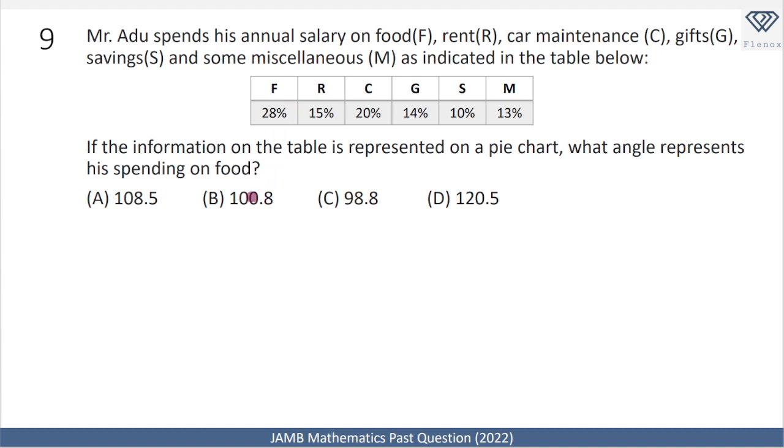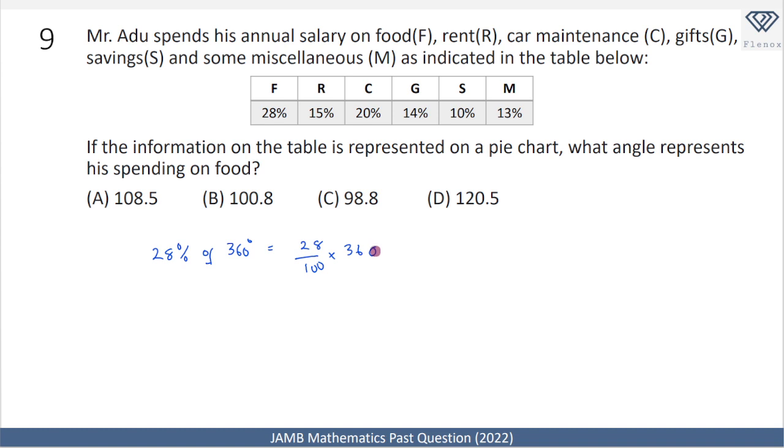But the question is asking how we convert this 28% to an angle on a pie chart. For a pie chart we have a circle, and the total number of degrees in a circle is what? It is 360 degrees. So this is just as simple as saying 28% of 360, because we have 360 degrees in a circle. Now 28% is the same as 28 over 100 times 360.